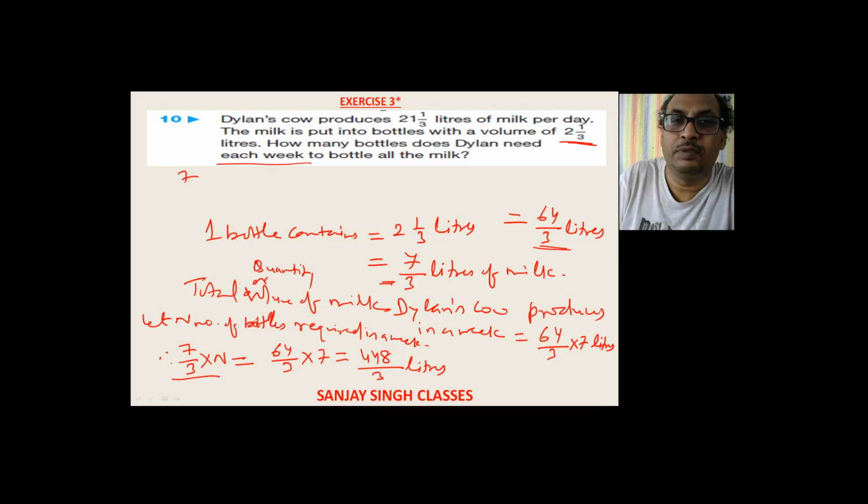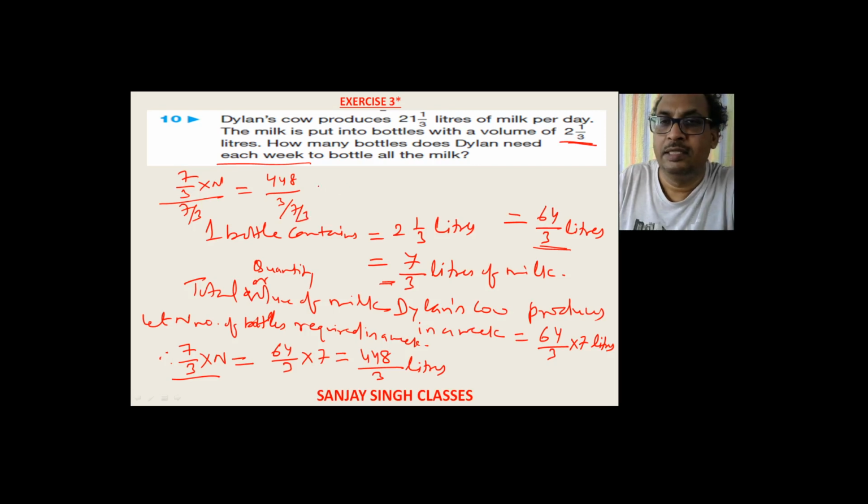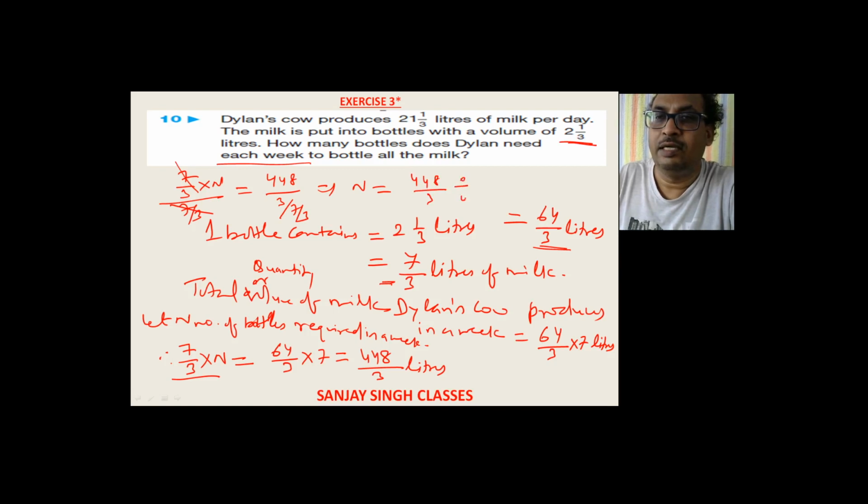So it will become 7 by 3 into n divided by 7 by 3, and this side 448 by 3 divided by 7 by 3, and further this 7 by 3 will get divided. So here it will become n, and it will become 448 by 3, then divided by 7 by 3.